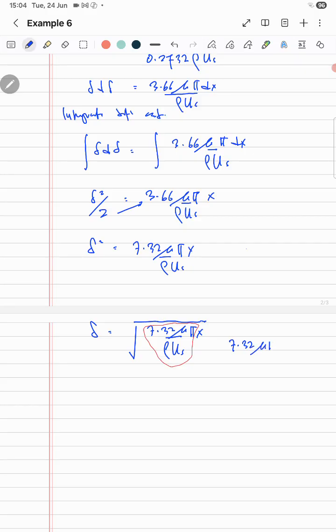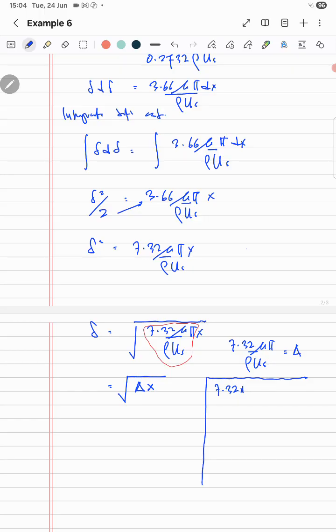7.32 mu pi over rho us we can write as equal to a. So we can write here square root of a x. I think we can straight away calculate the value of a, which is 7.32 multiplied by mu.